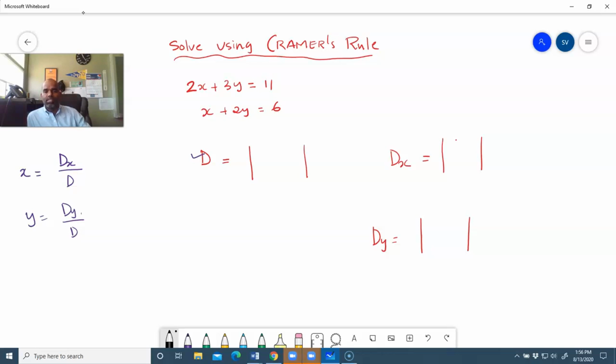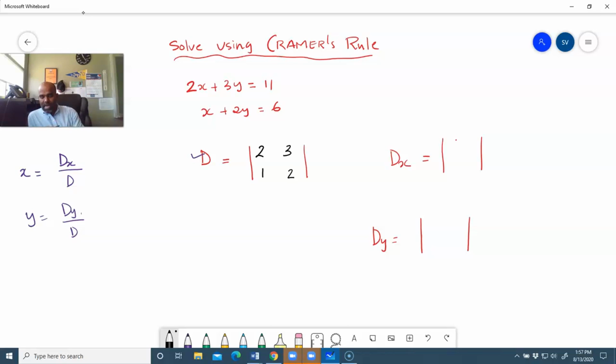That is what is called the D matrix, or we can simply say D. Right here 2, and this is 3. Next here there is no number, so it is 1, it is 2. Okay, so we have the entries, and what will be Dx?